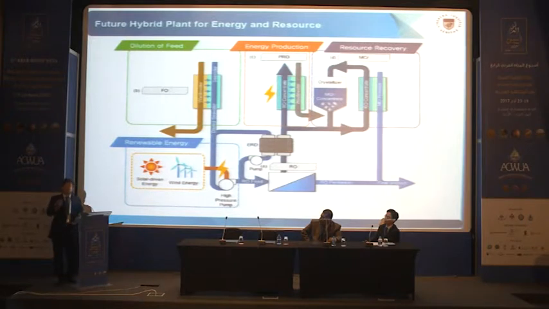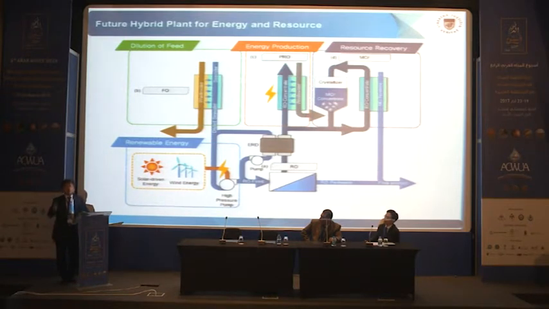We can use brine as a source of precious metals. Future seawater desalination, even though technologically we still need more advancement, can be connected directly to renewable energy. Combining all this innovative technology, this is a picture of future seawater desalination, which is H2O minus CO2.